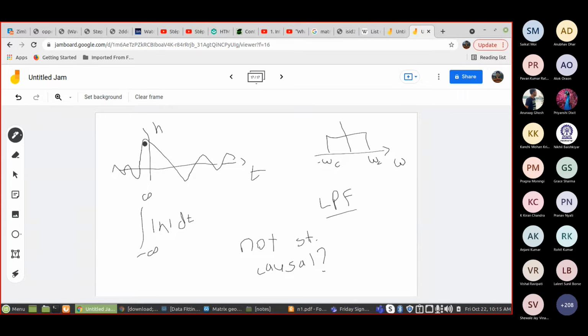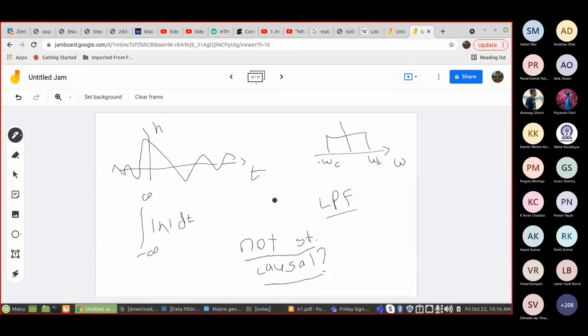If you want to build an actual real-time low pass filter, you have to have a causal filter, and we also need stable systems. I will explain later the importance of stability. So how do we realize this in practice? Just give these questions a thought.